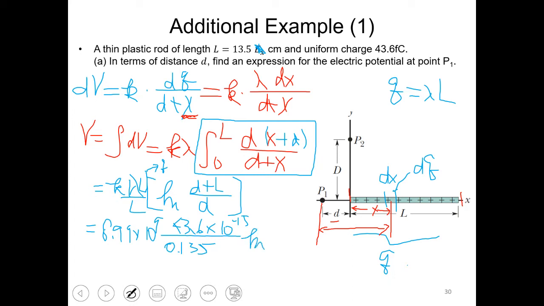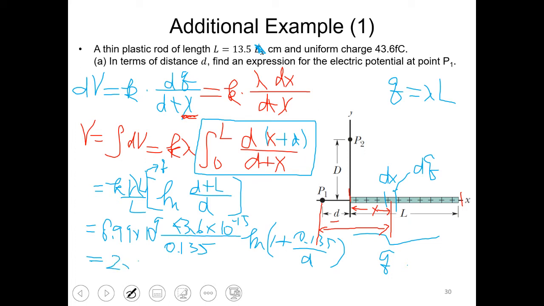And ln of d plus L over d. What is D? We don't know what D is, so we just keep it as a variable. So 0.135 over D, somehow like this. And we may just calculate it a bit.